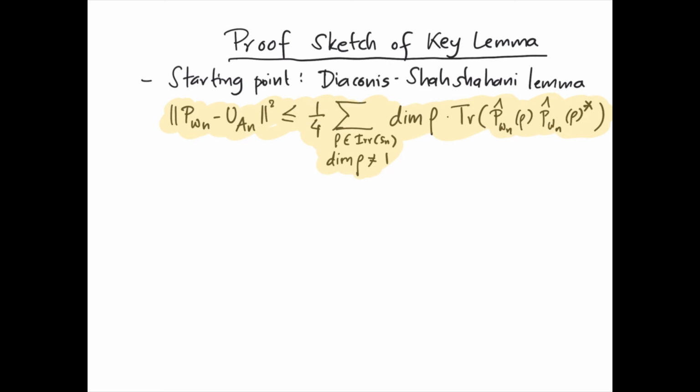And when you apply it carefully to the case for An, what we get is this upper bound here, that the probability measure that we care about, induced by the commutator map, is different from the uniform measure on An by at most this quantity right here, where now you're summing over the irreducible representations of Sn, not An, and in terms of the Fourier transform. So it's something technical, but it turns out to be very useful.